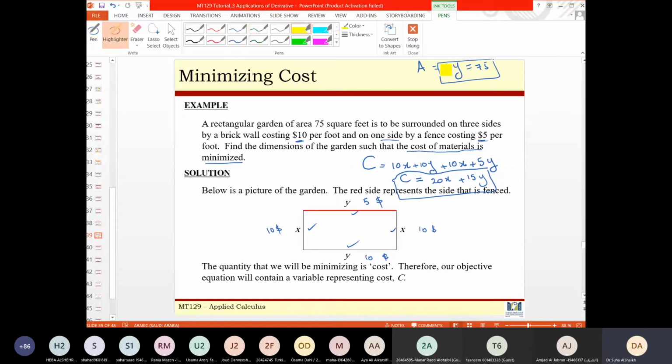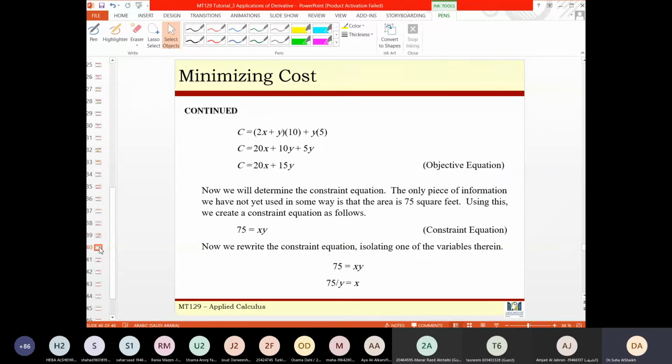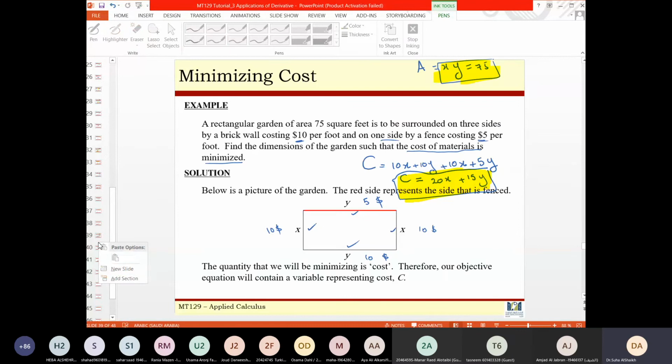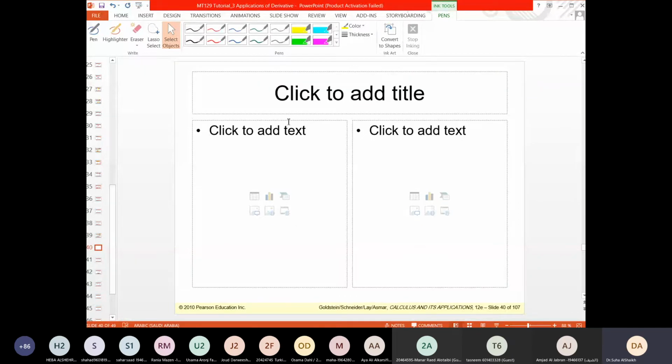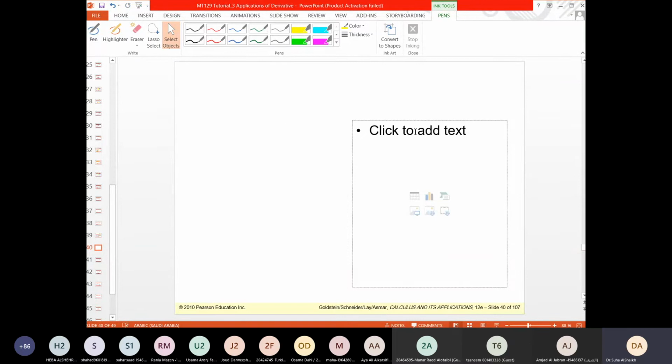So we got 2 equations, and we have to solve them to minimize the cost. Let me solve it in an empty space here.